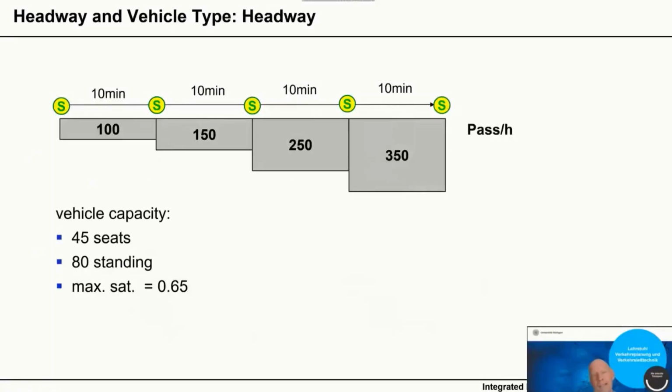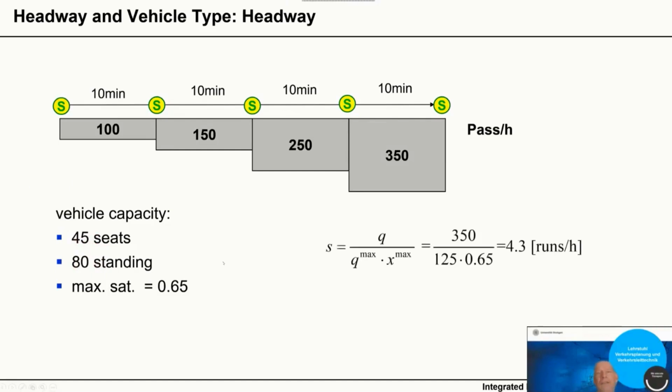So let's do that in an example. We have a given demand, and well, this is a line. We are traveling downtown, and assume we have a vehicle capacity, could be like a tram or articulated bus, 45 seats and 80 standing.